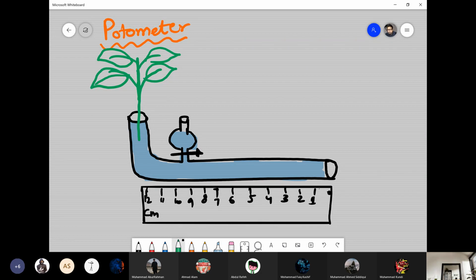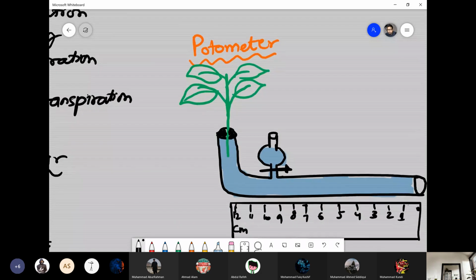Then we close it from the top airtight. Sir, we have seaweed, we sometimes submerge it too, right? Yes, but here we are talking about transpiration.